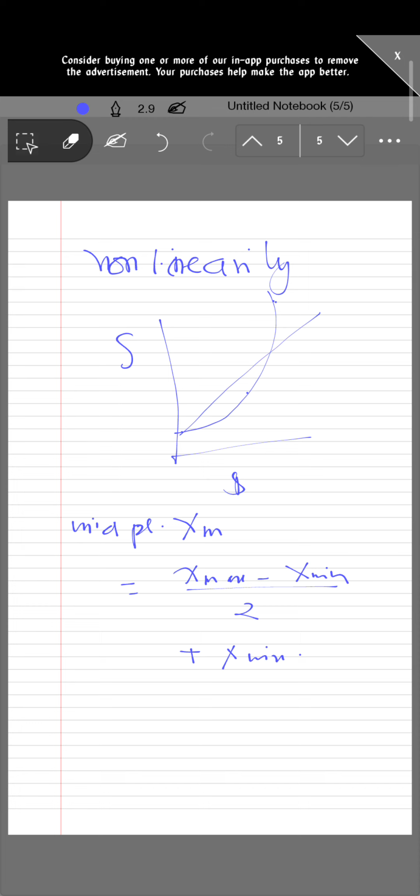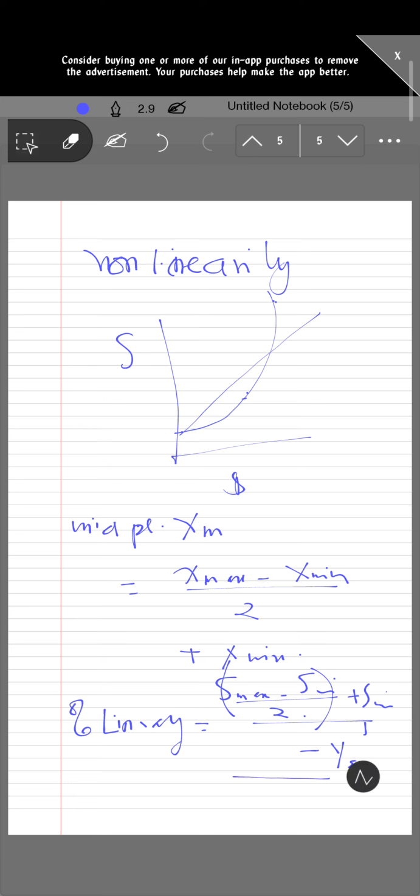So the percentage linearity is equal to S max, output max, minus S min, by 2, plus S min, midpoint of the y region, minus the true value or the output at a particular input, divided by this midpoint of the x region.